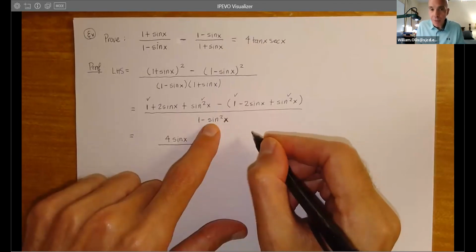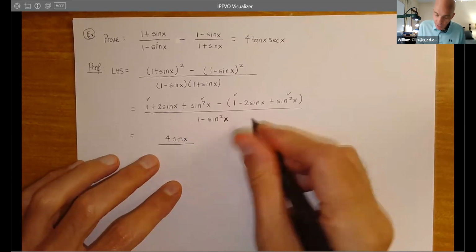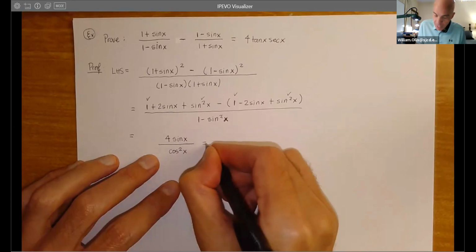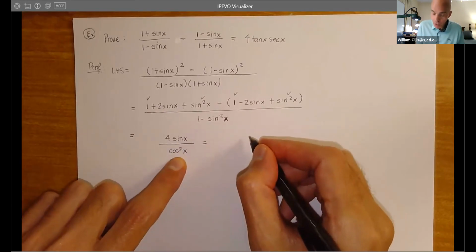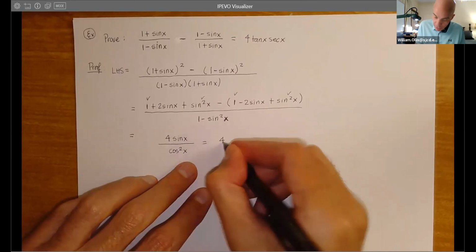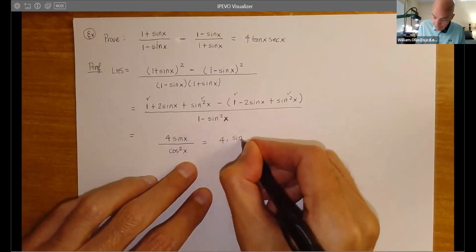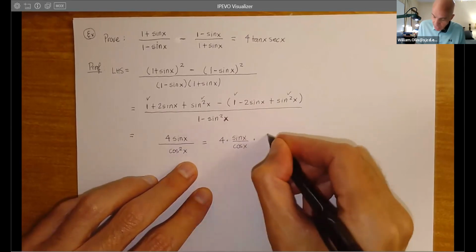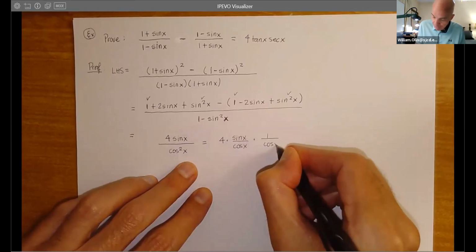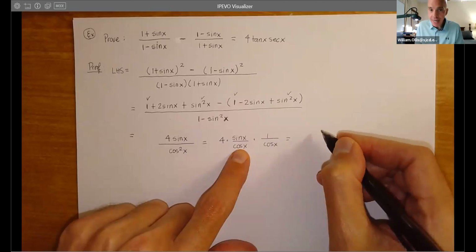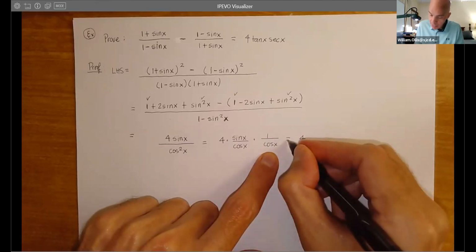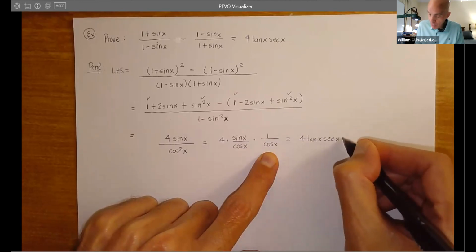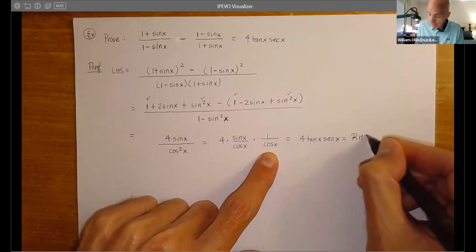And then, of course, 1 minus sine squared is the Pythagorean identity, cosine squared. Now, let's just divide up the cosine. So we get 4 times sine over cosine times 1 over cosine. But this is just the tangent and this is the secant. So indeed, we get 4 tangent x secant x, which is the right-hand side. And we're done.